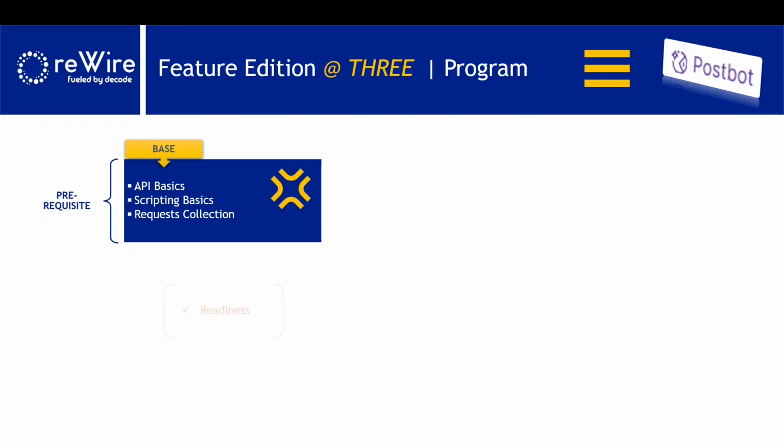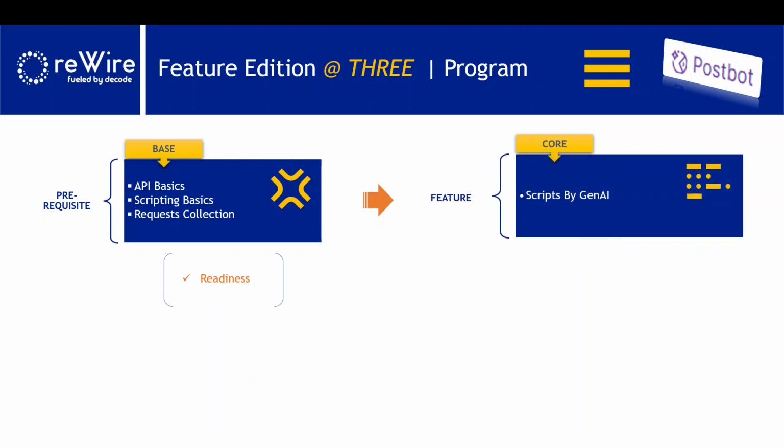Okay, so that is about the readiness, followed by the core component. This is my strategy, the second component, which is primarily focused on the current component that we are going to walk through today in the session, that is scripts by GenAI Assistant.